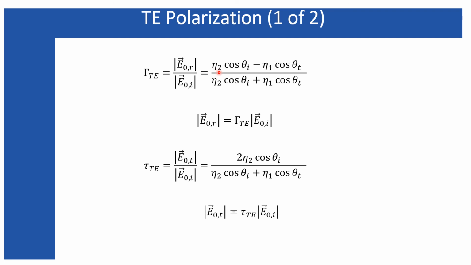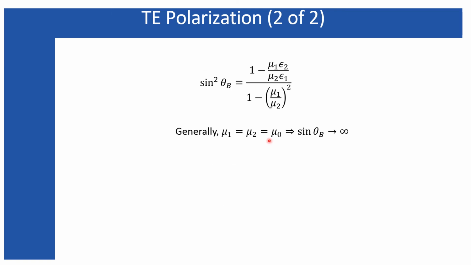That means the intrinsic impedance of medium 2 was associated with cos theta t. But here the intrinsic impedance of medium 2 is associated with the cos of the incident angle. So this is the only difference, and all other analysis is equal. So you can do this analysis very easily.